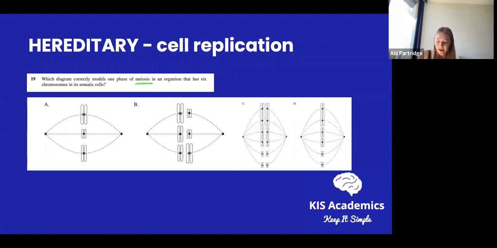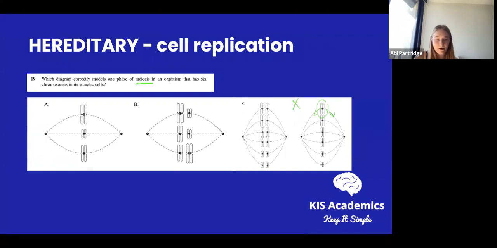You can see how these cells have been replicated because you've got two strands of the DNA in each of the chromosomes. But the sister chromatids are the ones that are being separated here. So you can see that this would be mitosis, because each of the cells that you get on either side will have exactly the same DNA. So it's not going to be D.